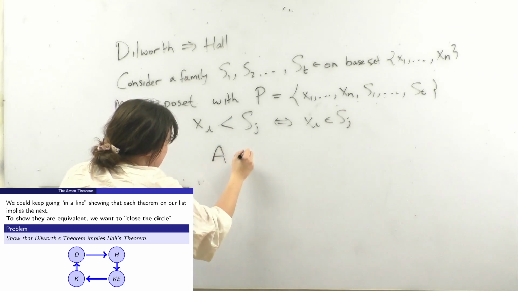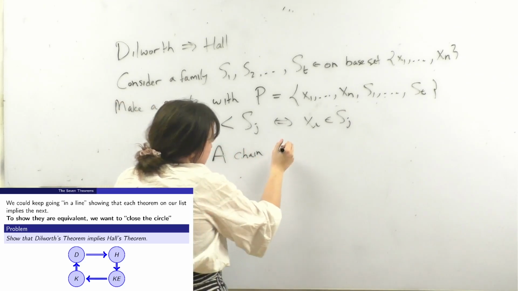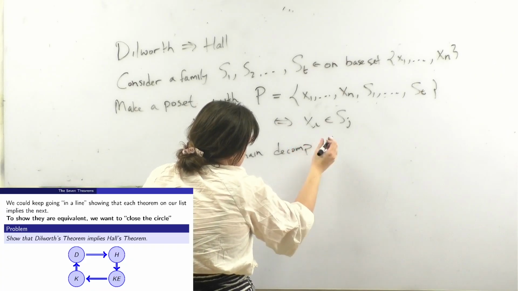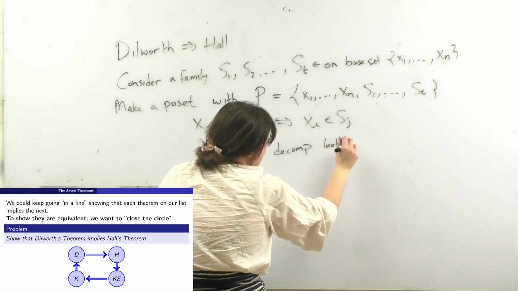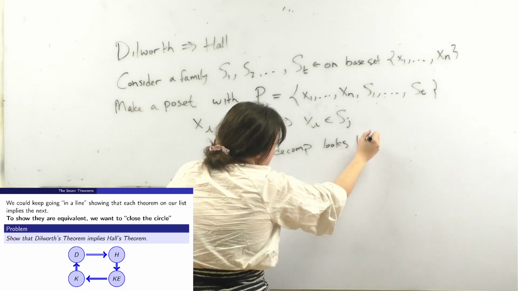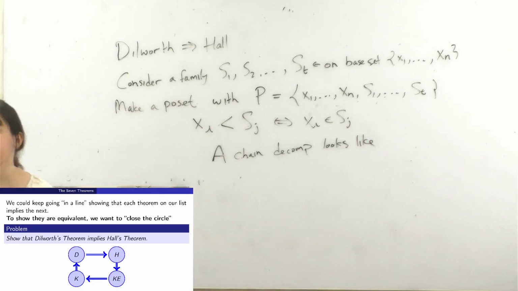And indeed, this was a good discussion, because what does a chain decomposition of this poset look like? I can't have really exciting chains. Every S is only bigger than or incomparable to every X. So I never have a chain that goes X, S, X. I never have a chain with two X's next to each other, because they're all incomparable, and I never have a chain with two S's next to each other, because they're all incomparable.